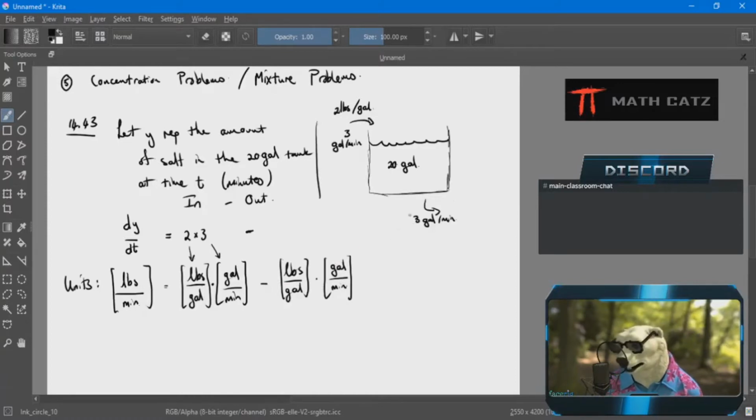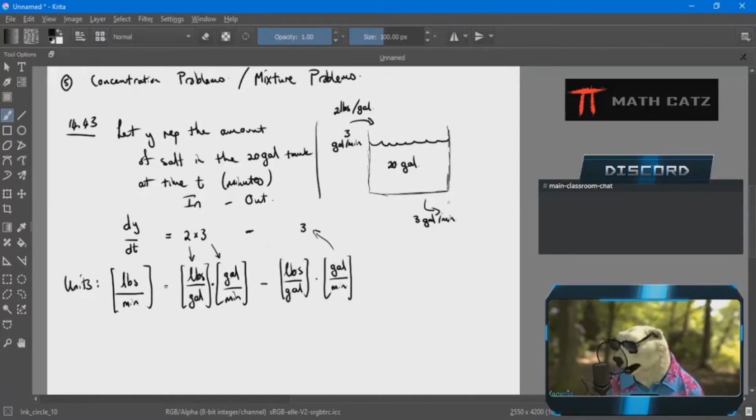So now what is leaving here? The 3 is going to be the gallons per minute that is going out.